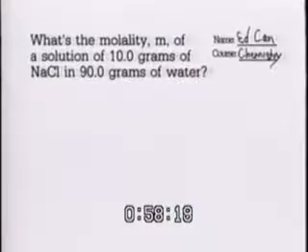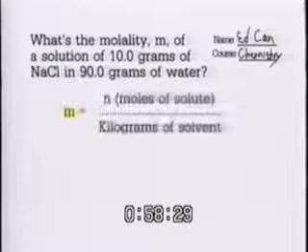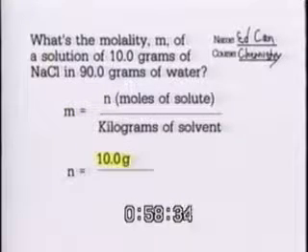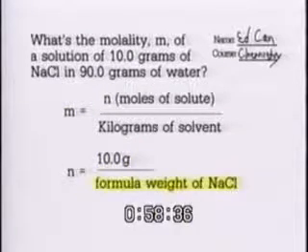All right? Okay, we're going to find the molality of a solution consisting of 10.0 grams of NaCl in 90.0 grams of water. You know what to do first. Find how many moles of solute you have. n equals 10 grams of NaCl divided by the formula weight of NaCl.